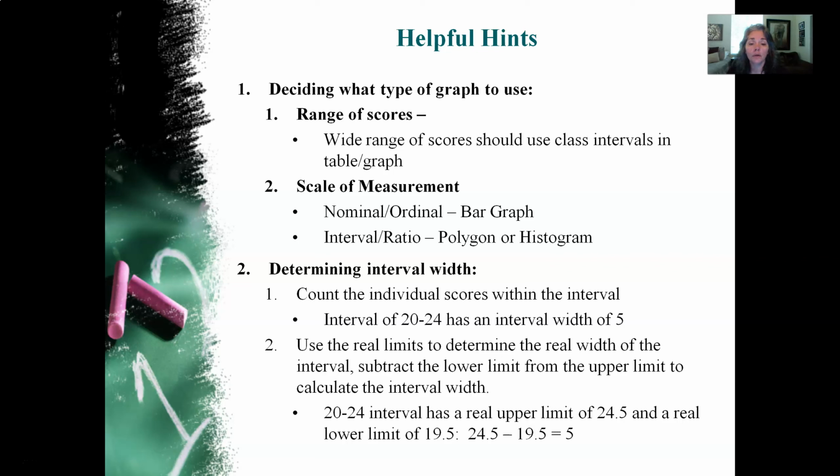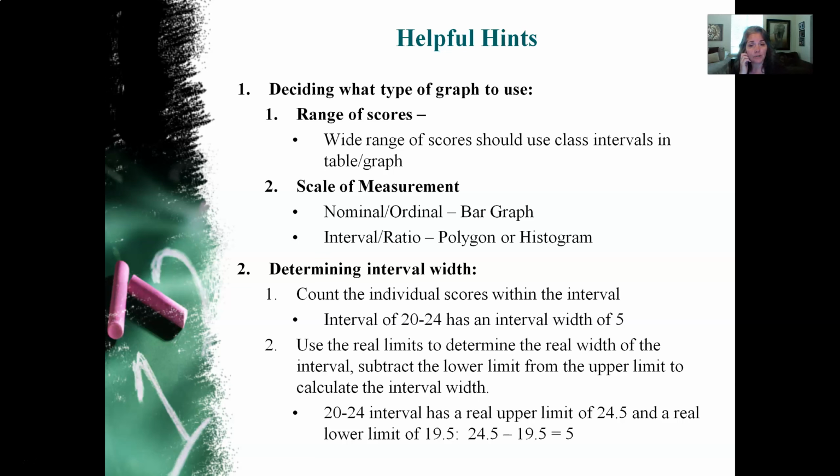But you are going to decide, okay, if I'm doing a frequency table, does it need to be a regular frequency table or a grouped frequency table? What range of scores do I want to include?